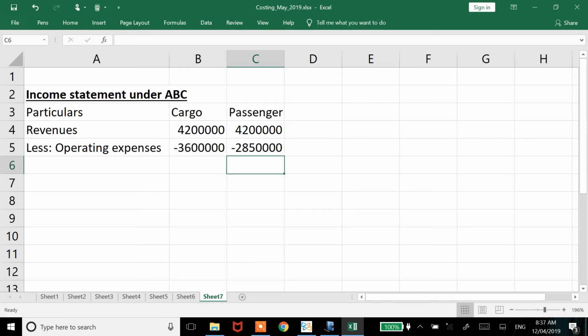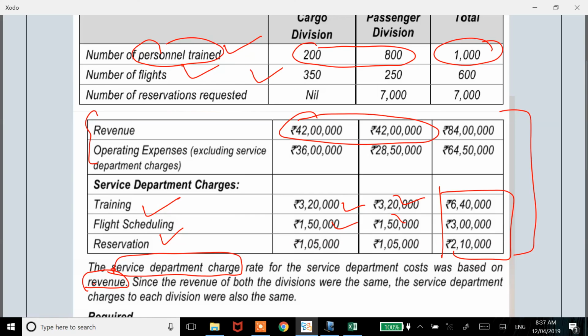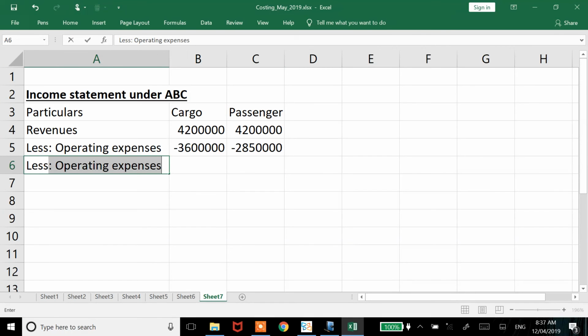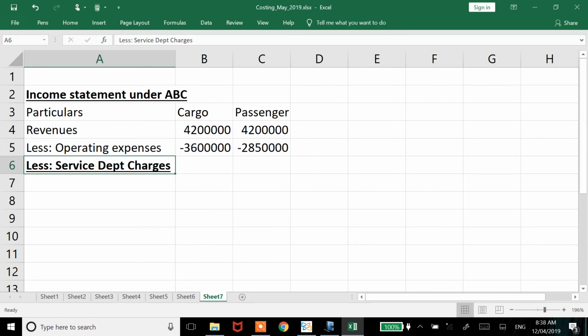At this stage, ABC is not going to come in. ABC comes when you have your overheads. So less service department charges. Service department is technically indirect cost or overhead cost.